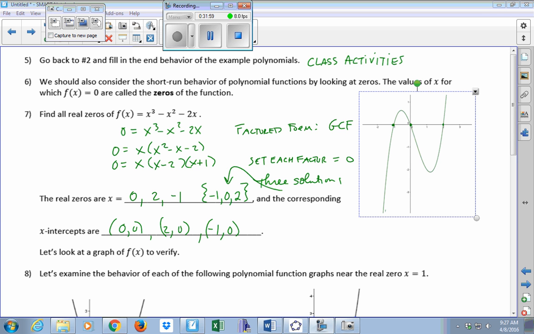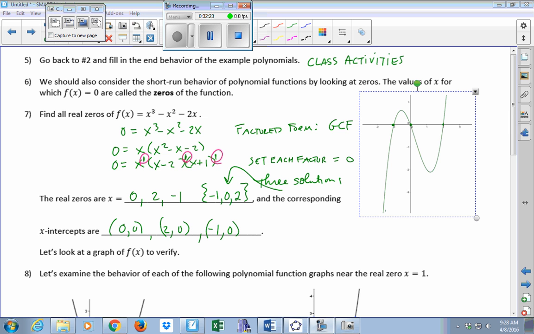Now notice at each of these x-intercepts, your function changes sign. At -1, before -1, it was negative, then it turns positive. And then it goes from positive to negative and negative to positive. That's because each of these factors right here, this is another idea of polynomials.